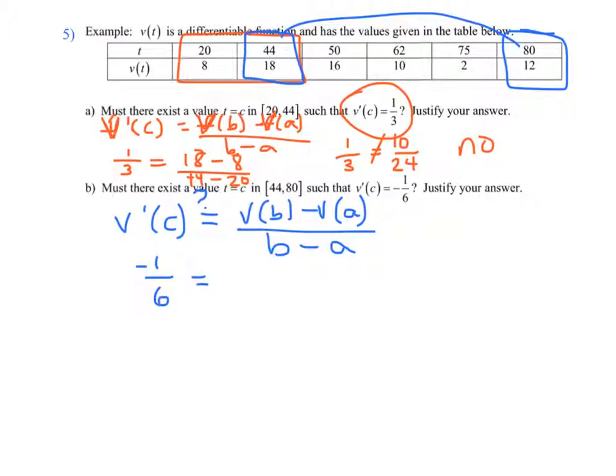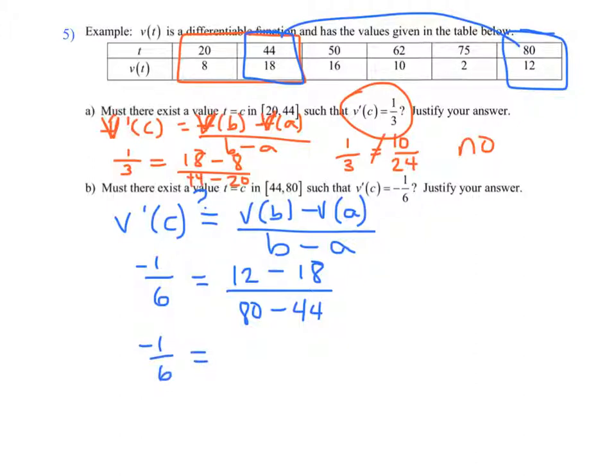So what is the average rate of change over the course of those 2 points? So I would say v of 80 would be 12 minus v of 44 is 18 all over 80 minus 44. Okay, so that would be negative 1/6.